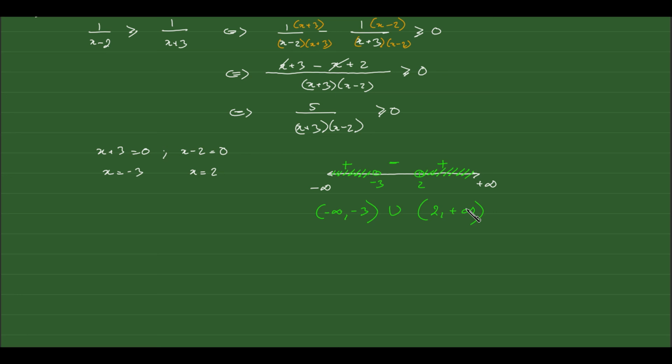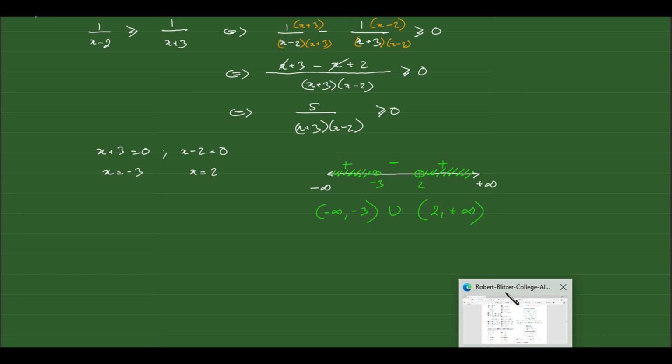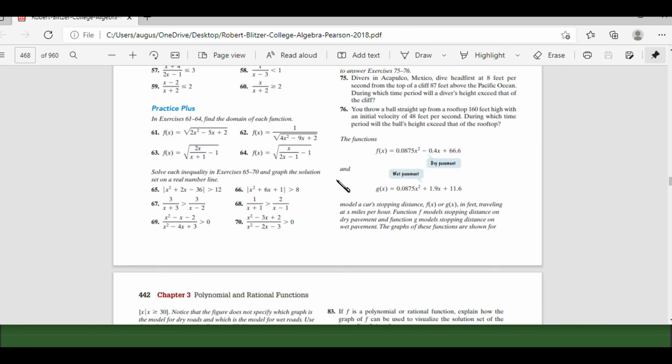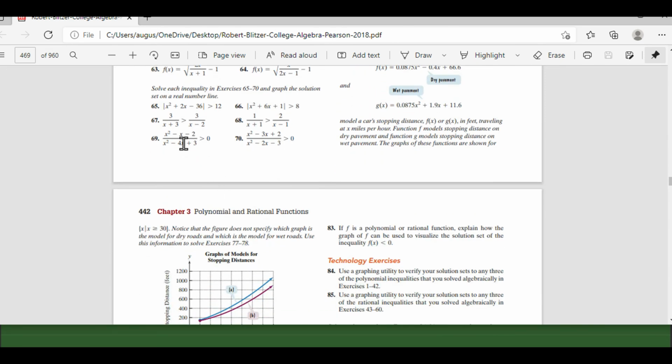Okay. Let's see. I can pick one of the problems in the textbook here. How about this one? That's kind of fun.